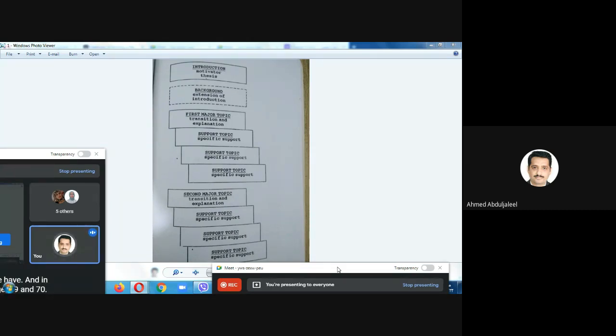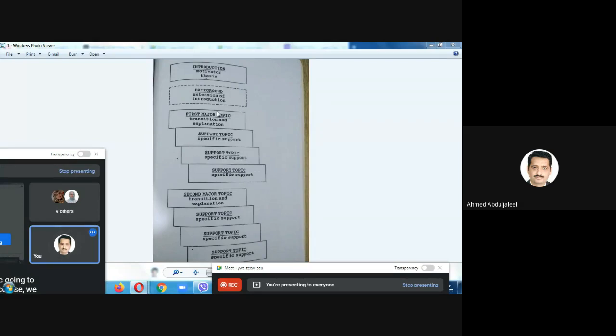It is the diagram that we are going to use to sequence the material accordingly, beginning with the introduction, and then background, and then we have the subdivision of the topic that we are going to write about. Of course, we are going to explain each division in the diagram in the book.